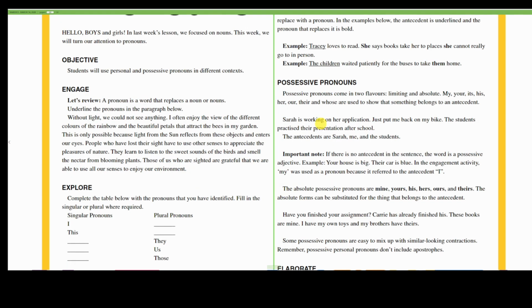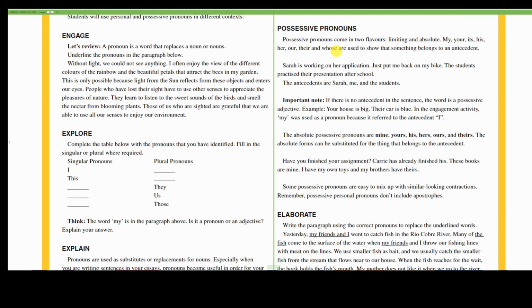Here's another example. The children waited patiently for the buses to take them home. Now, who is this them that is being referred to? The antecedent would be children. Possessive pronouns. Possessive pronouns come in two flavors: limiting and absolute.